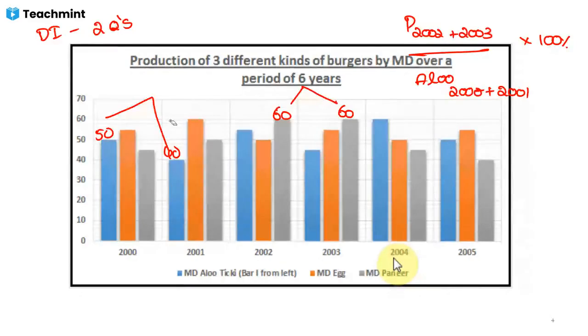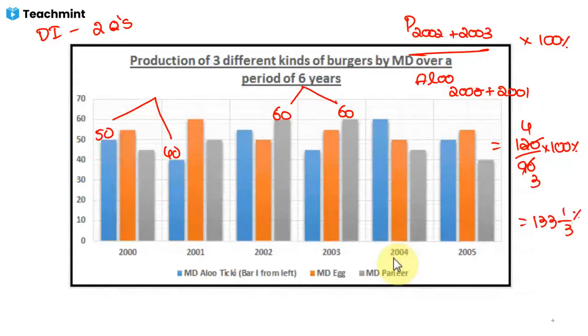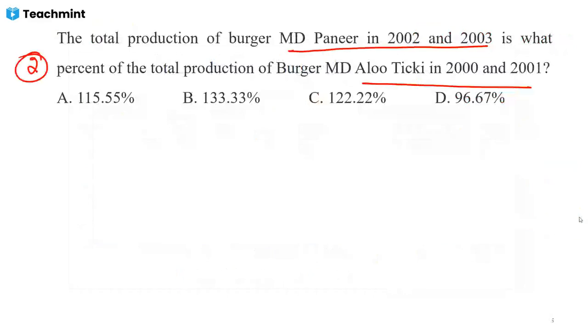So you have to calculate paneer 120 out of 90 into 100. As it is percentage, we have to multiply with 100, which is 4 upon 3 into 100, 133 1 by 3%, or 133.33.